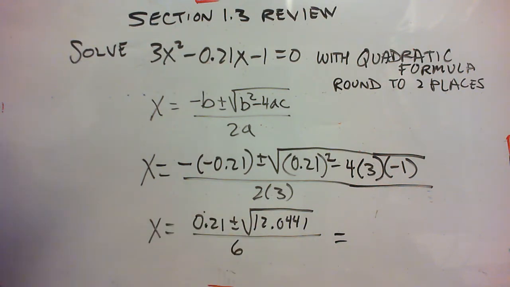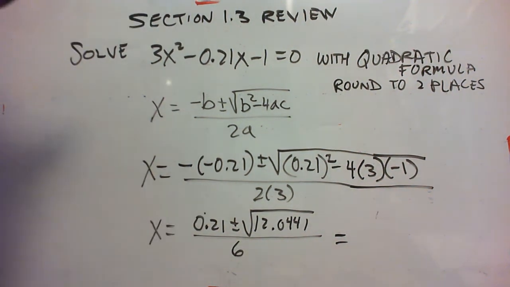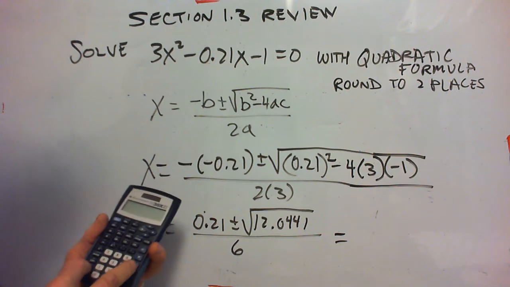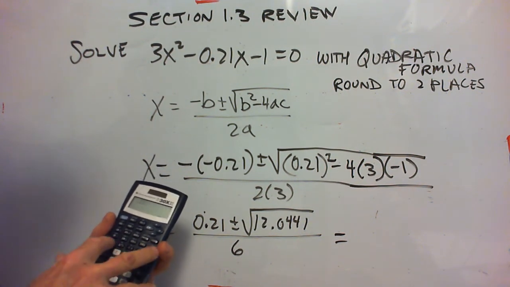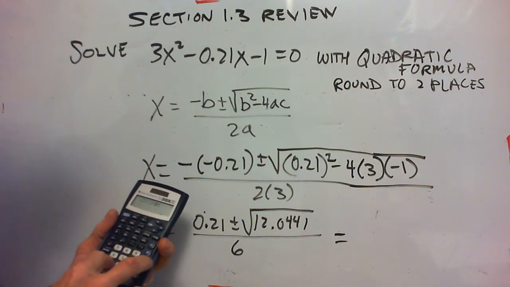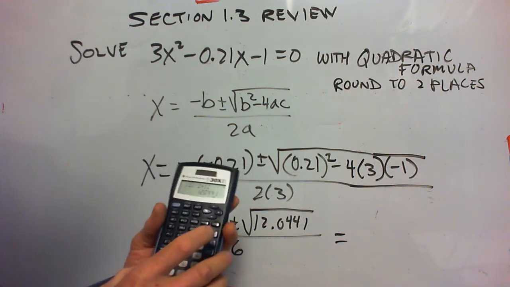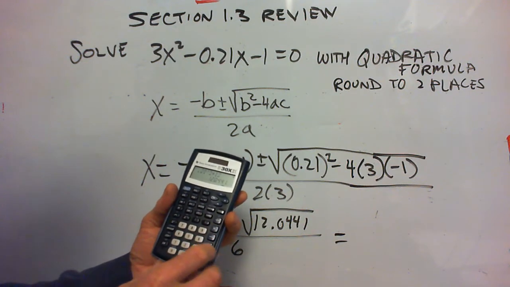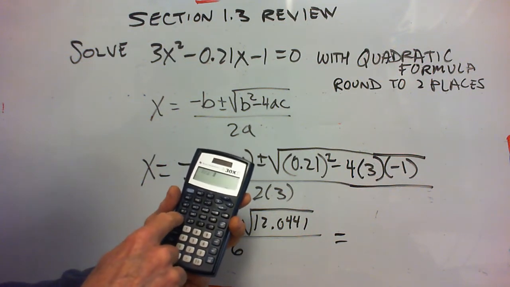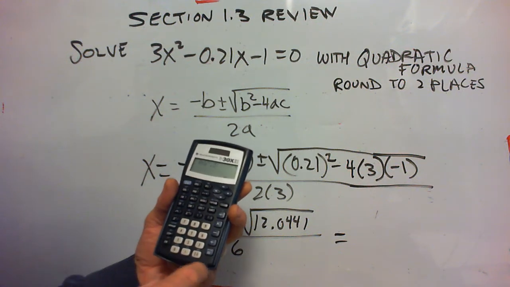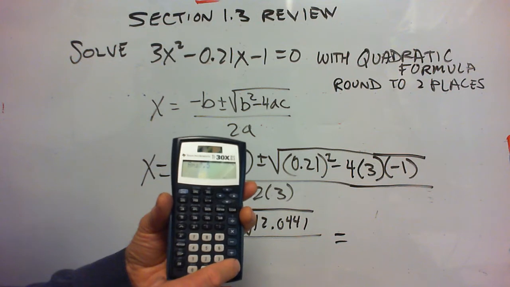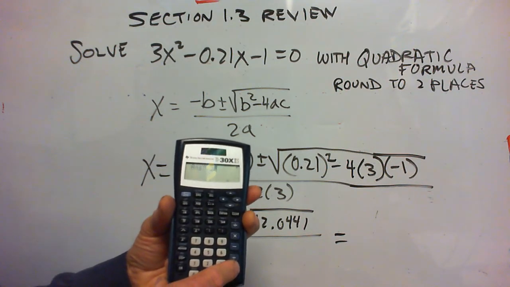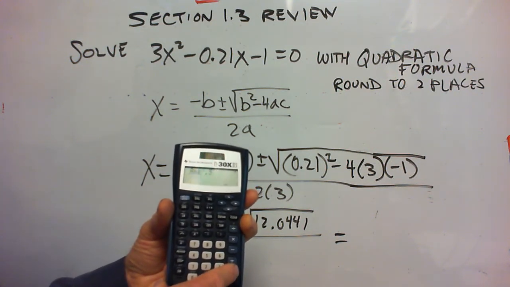Getting all our signs correctly, we get 0.21 plus or minus the square root of 12.0441. And now on your calculator, to get that square root, you multiply all this stuff out. 0.21 squared plus 12. And okay, now I want to square root it after the fact. Well, you can do that by raising it to the 0.5 power. That's the half power. That's the square root. Remember, the 1/2 power is the square root.